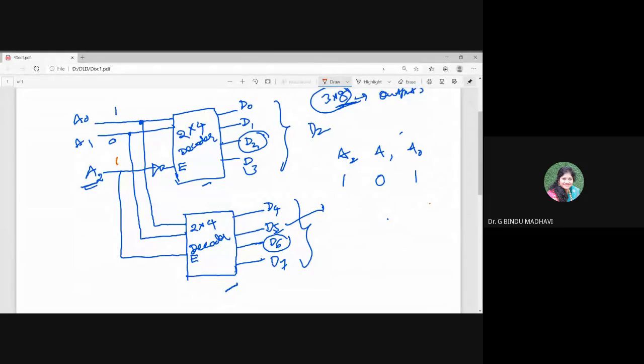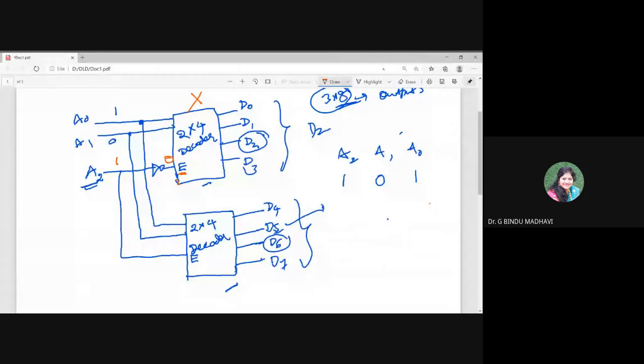If A2 value equal to 1, what about this E value? 0, ma'am. It is inverted. If E equal to 0, then this decoder doesn't work.